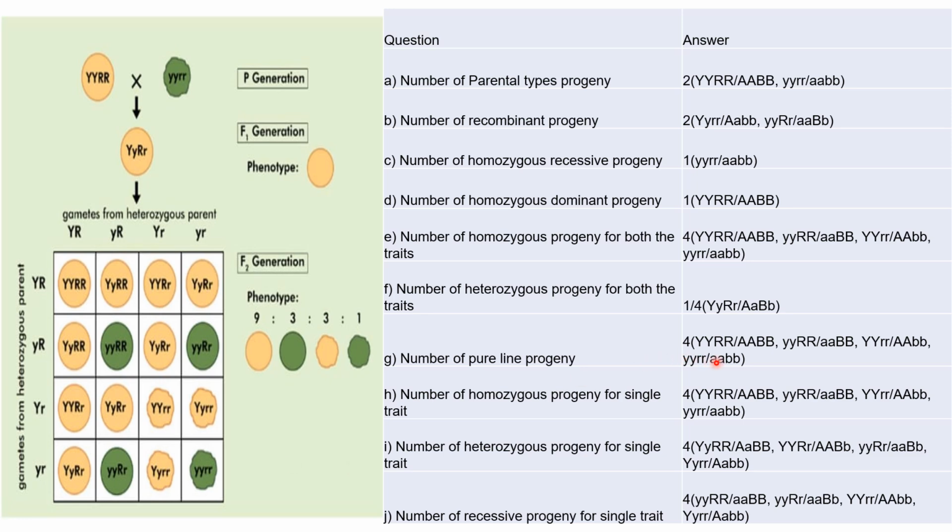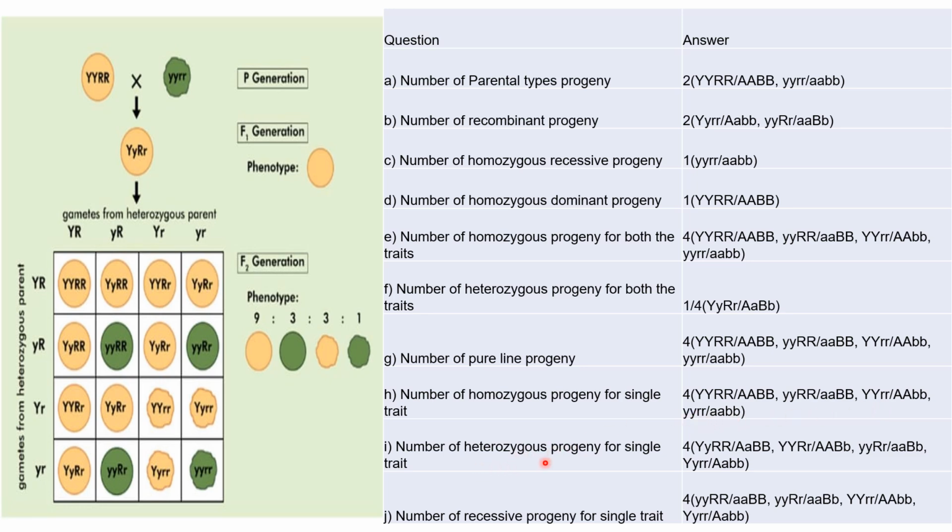So it is actually shown as 4, followed by number of homozygous progeny for single trait. Single trait means we have to consider just one particular character as homozygous, separately. So individually, if we look here, again diagonally, the combinations we have like homozygous, they have given as the key answer. So YYRR, small yy capital RR, capital YY small rr, small yy small rr.